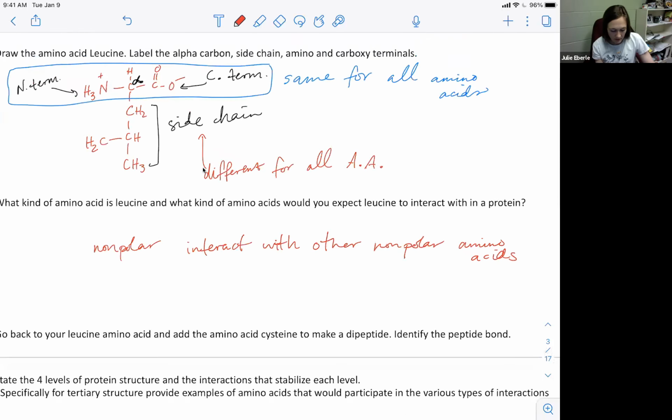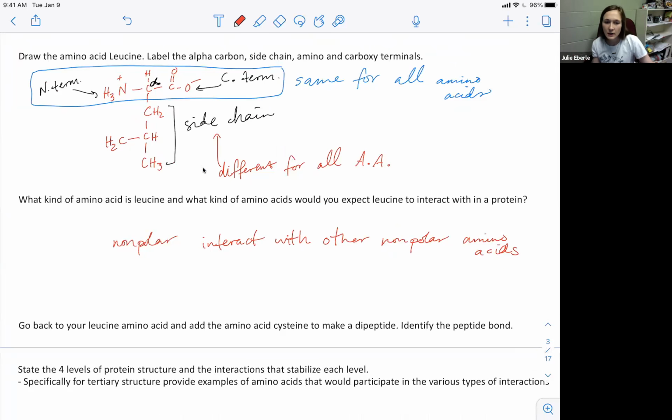Okay, so leucine could interact with isoleucine, glycine, valine, alanine, phenylalanine, tryptophan. There's a whole group of them. If you look at the table, it can interact with any of those.